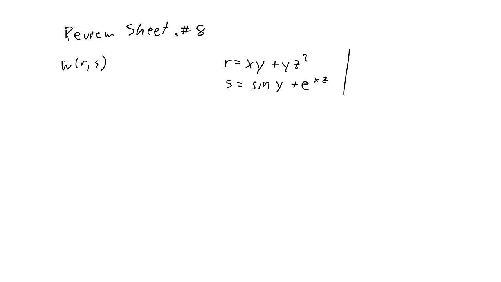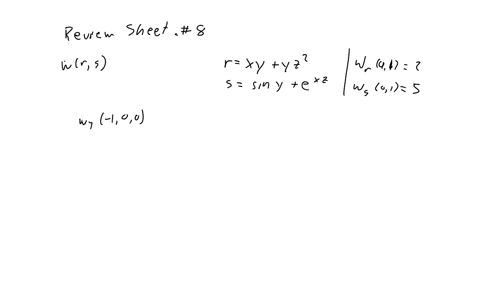And we also know that the derivative of W with respect to R at 0, 1 is equal to 2, and the derivative of W with respect to S at 0, 1 is equal to 5. Cool. And we're asked to find dw dy at negative 1, 0, 0.